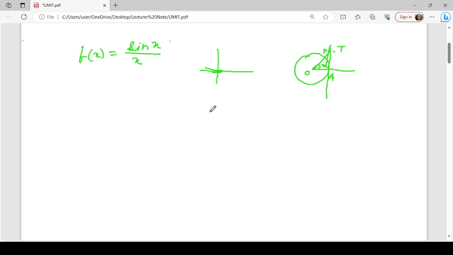So angle POA is x. Now x is in radian, not in degree. So if x is in radian, then OA into x is equal to arc AP.